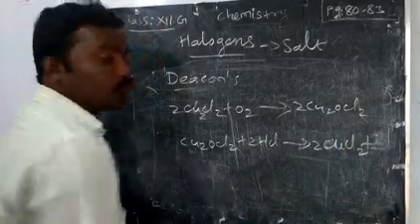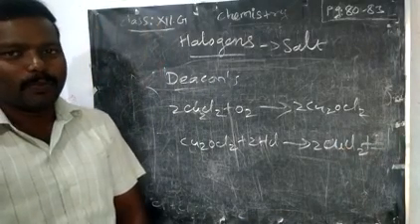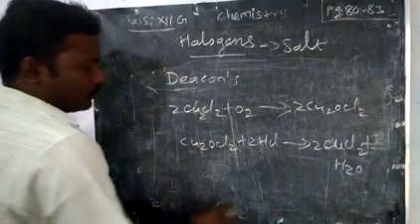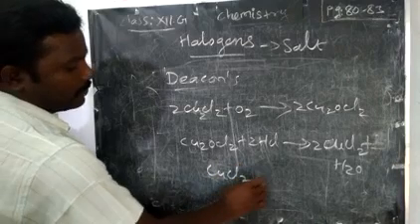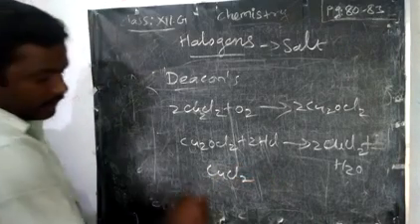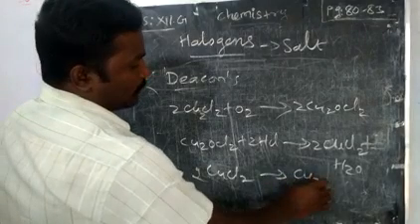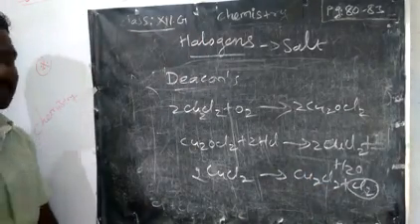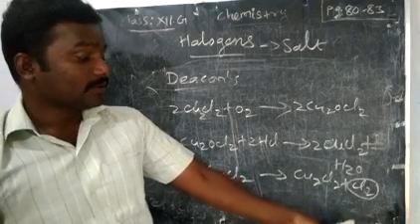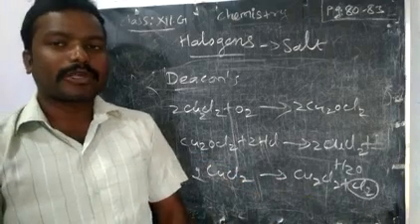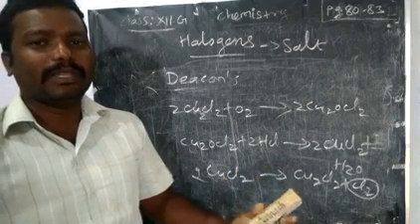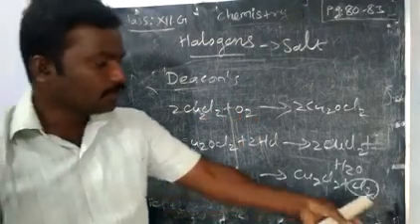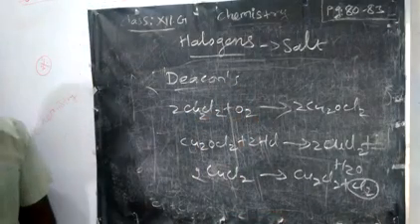Remember, my dear students, cuprous chloride is Cu plus, cupric is Cu2 plus. Then 1 mole of water. This cupric chloride CuCl2 further decomposes into cuprous chloride with chlorine gas. This is our expected product, chlorine. So we may see that cuprous chloride is only written on the arrow mark, so we may think it is not acting as a reactant, but it is the main reactant to produce chlorine.